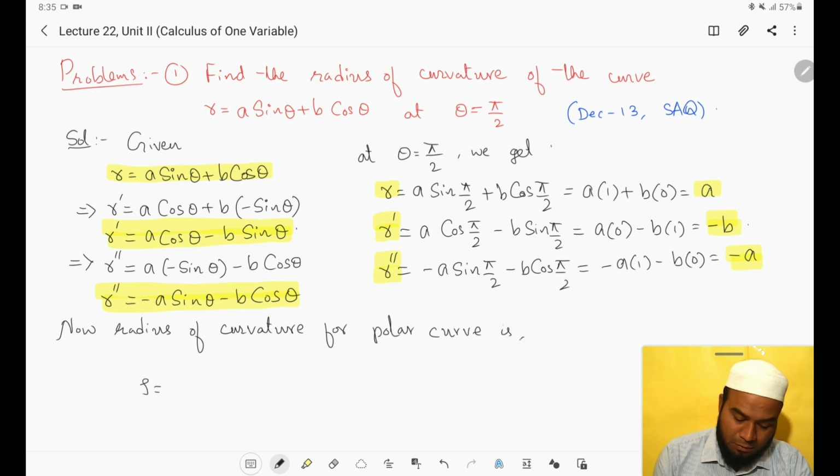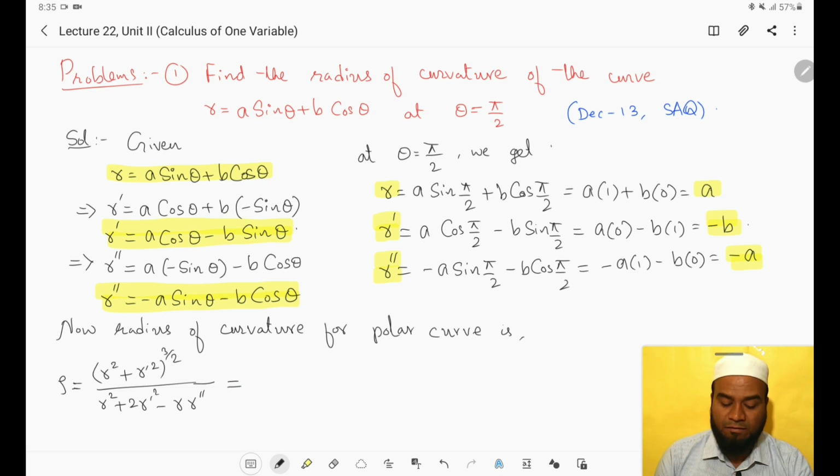Rho equals r square plus r dash square, whole power 3 by 2, divided by r square plus 2r dash square minus r r double dash. This is the formula for radius of curvature for a polar curve. Already we have evaluated r, r dash and r double dash at theta equals pi by 2, and the values are: r is a, r dash is minus b, r double dash is minus a.